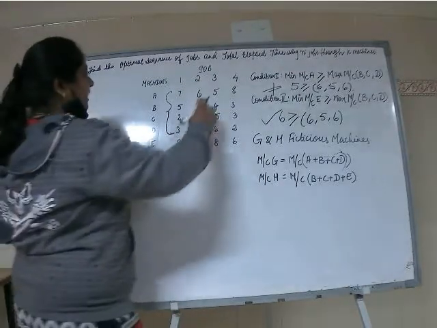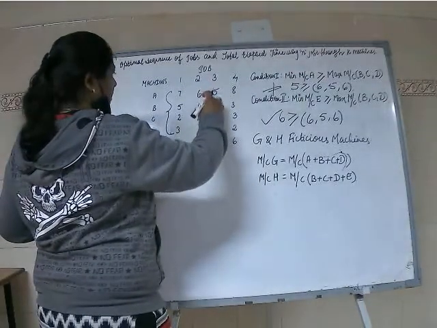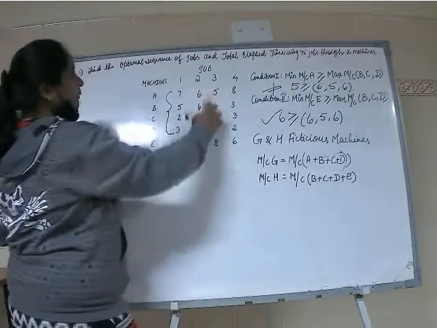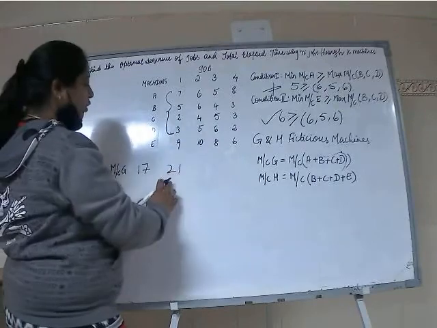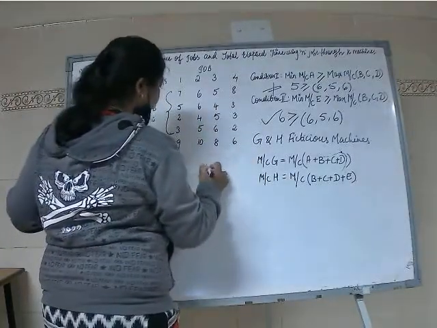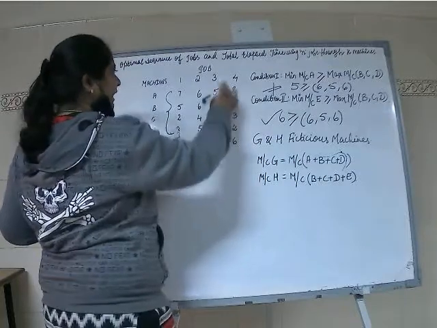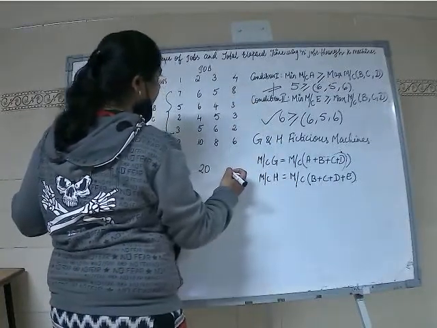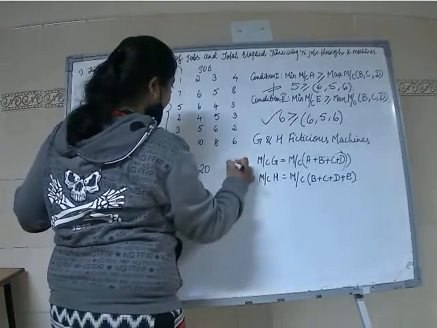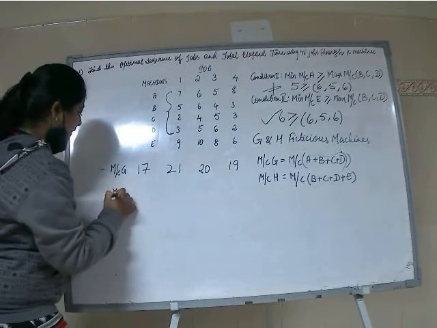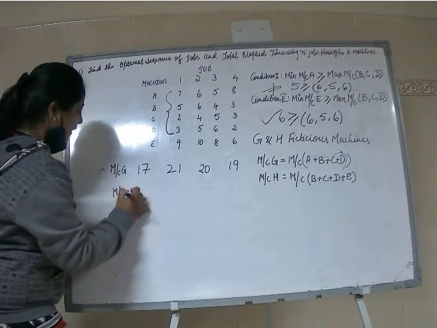Then the next is 21, if I sum these 4 values. Then the next is 20. That is 6 plus 4 is 10, and 5 and 5 is 10. The next value is 19.